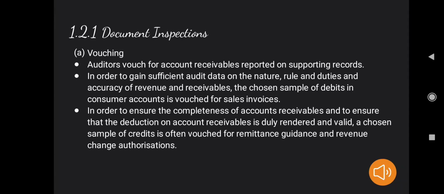The chosen sample of debits in customer accounts is vouched to sales invoices. And in order to ensure the completeness of accounts receivable and to ensure that deductions on accounts receivable are duly recorded and valid, the chosen sample of credits is often vouched to remittance advice and revenue change authorizations.